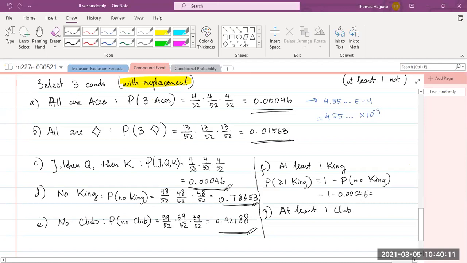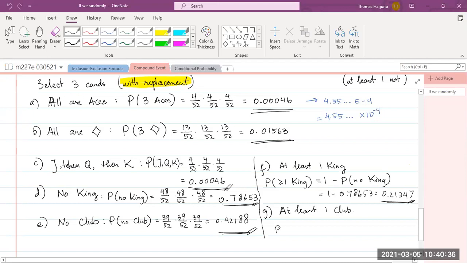So the probability for you to have at least one king is, oh, I'm sorry, no, I put a wrong number. The one next door here, 0.78653. That will be 0.21347.